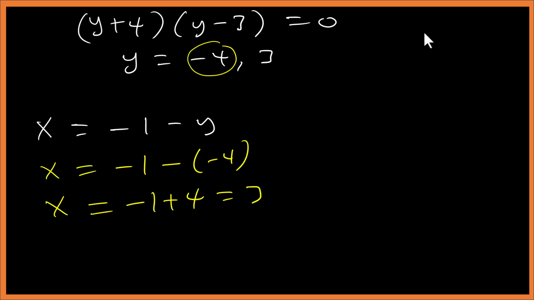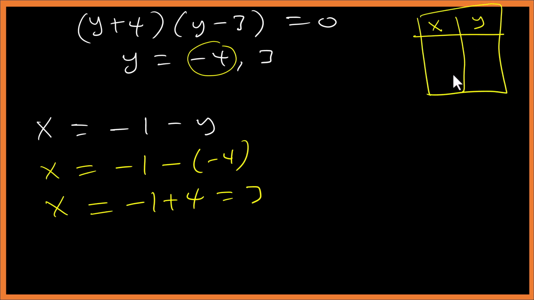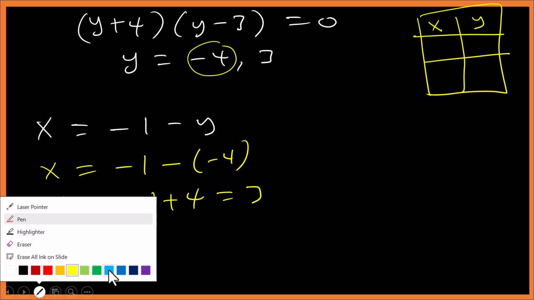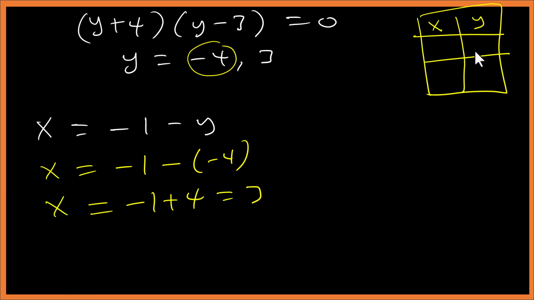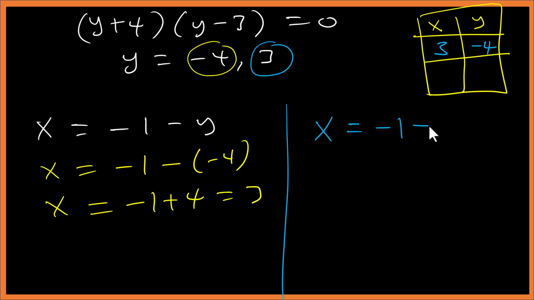So when y is minus 4, x is 3. Now let's go to the other one. x equals minus 1 minus y, that is, y is 3, so x equals minus 4.